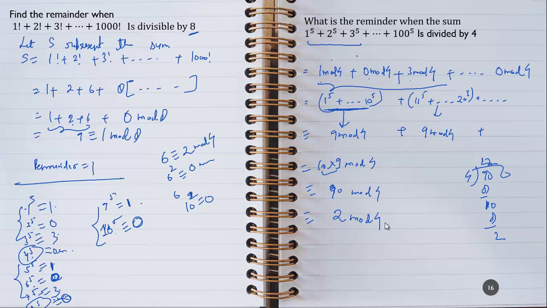Wait a minute, I have made some mistake here. 9 mod 4 is coming 10 times, so it will be 90 mod 4.